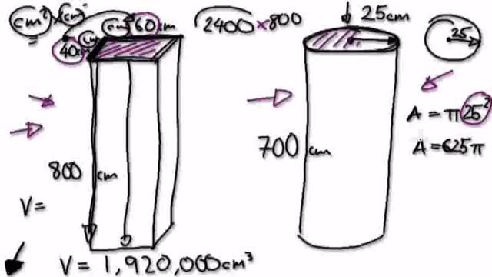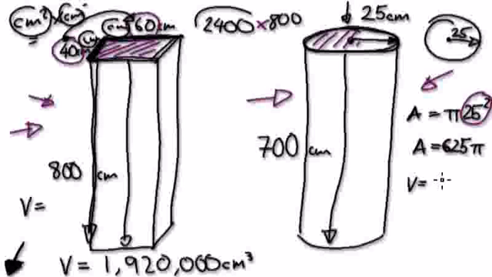Okay, so the area of this thing here would be 625 times pi, and then we've got to drag it all the way down here. So now the volume will be the area, which is this, and then we've got to times it by 700. Okay, times it by 700 here.